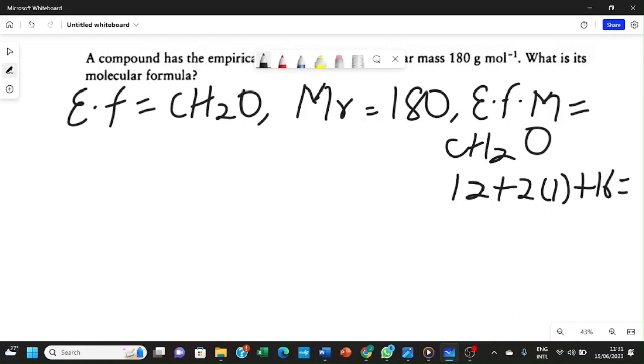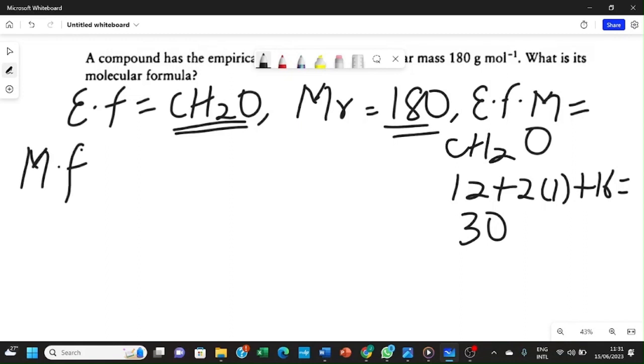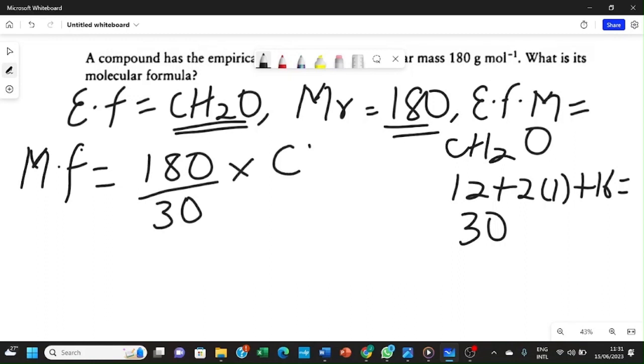That means we have 12 plus 2, that is 14, then plus 16, which is equal to 30. So to calculate the molecular formula, having gotten all the parameters, the molecular formula will be equal to the molar mass, 180, over the empirical formula mass, which is 30, times the empirical formula, which is CH2O. This cancels this: 3 here, 1; 3 here, 6.